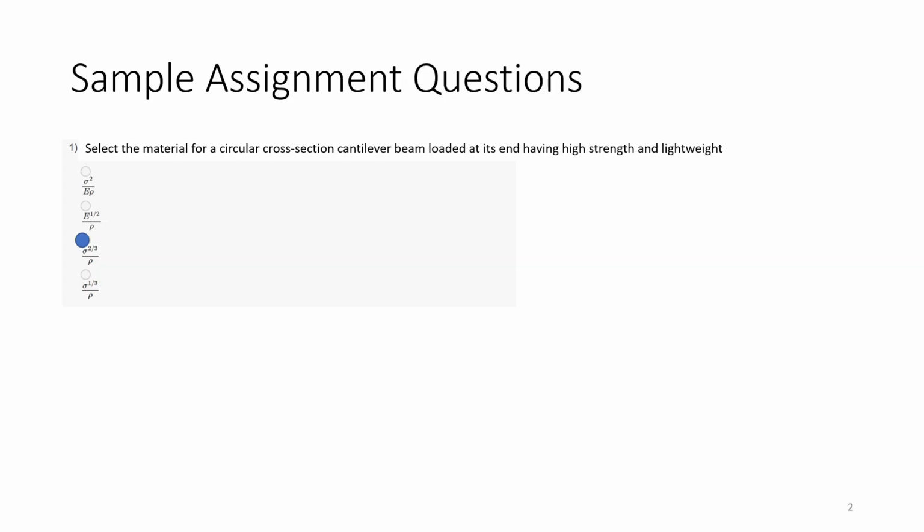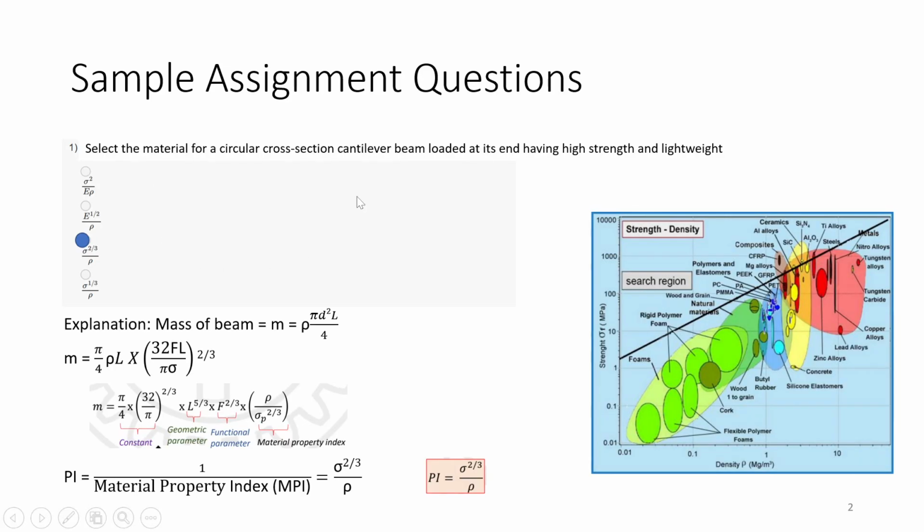So the correct answer will be sigma to the power 2/3 divided by rho. When we are trying to find light weight, we take mass as a consideration. Mass can be given as m equals rho, the density, times the volume, and the volume for the circular beam is given by pi d squared L upon 4.